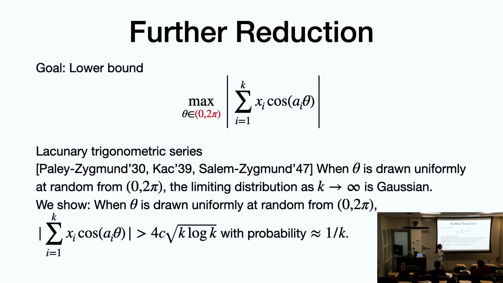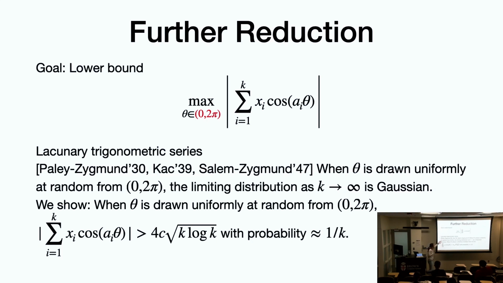This sum is called a lacunary trigonometric series. People have studied that if theta is sampled uniformly at random from this interval, then as k goes to infinity the limiting distribution of this sum is a Gaussian distribution.